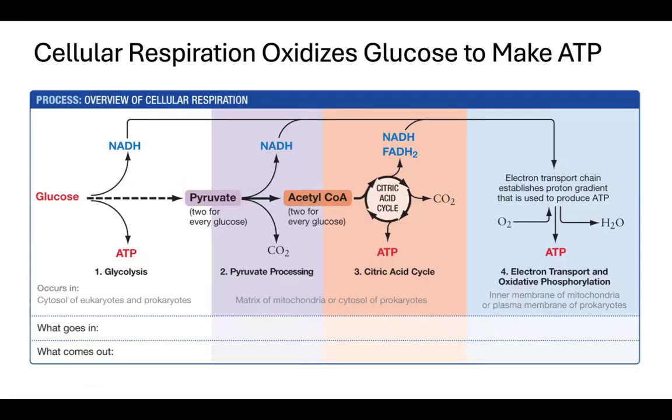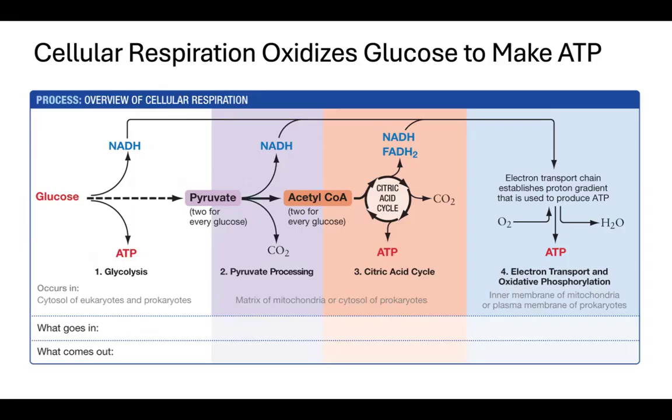So if we look at it, it's going to look like this. Step 1, glycolysis, glucose comes in. We're going to convert that to pyruvate. We're going to take that into the mitochondria. We're going to see how we process that to make what we call acetyl-CoA.